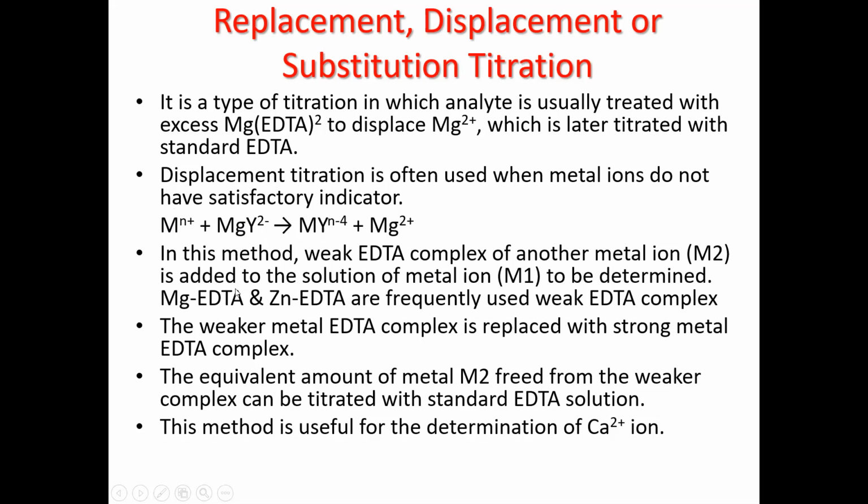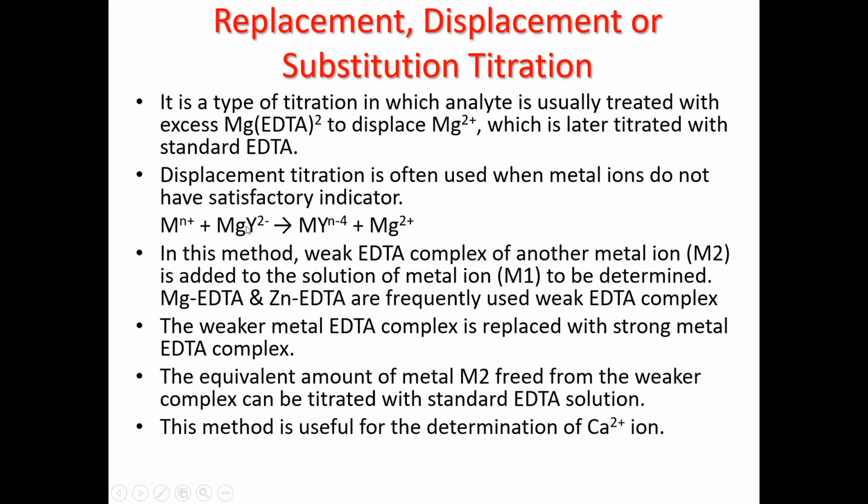Magnesium EDTA and zinc EDTA are usually used as the weak one. Then your analyte of interest will replace it, and you now have your metal ion complex. So the weaker metal EDTA complex is replaced with a strong metal EDTA complex.